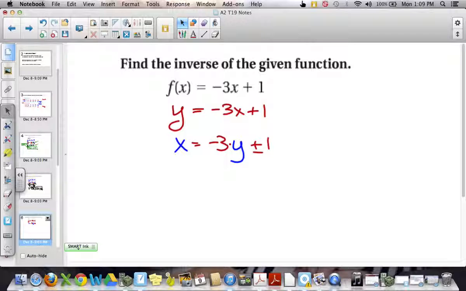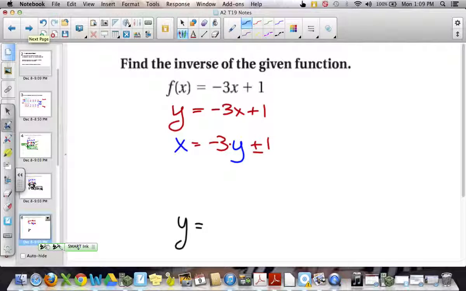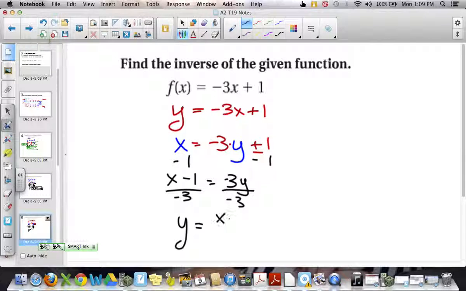Now when we solve this and get it back to y equals form, we're going to subtract the 1, get x minus 1 equals negative 3y, and then divide by negative 3. So we have y equals x minus 1 divided by negative 3.